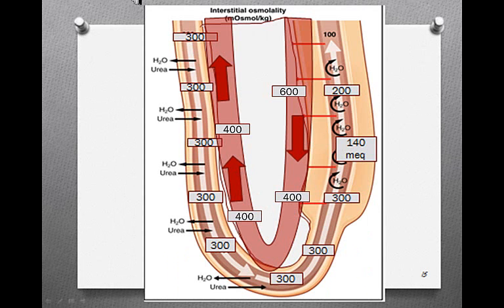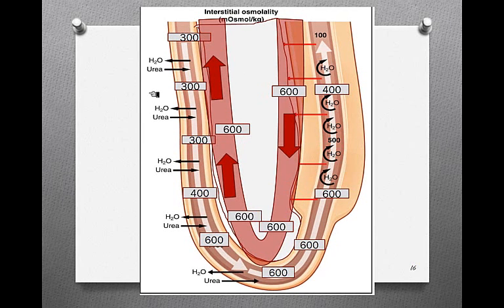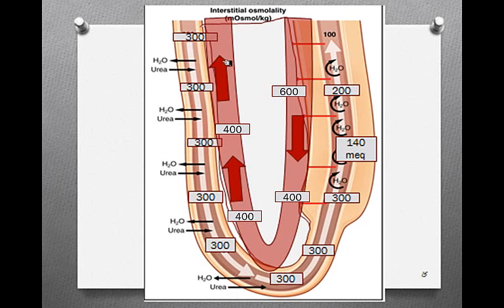Alright. So here is the first step. So we have the osmolarity. This is the descending loop of Henle, the hairpin turn, and the ascending loop of Henle. The osmolarity is about equal. All right.